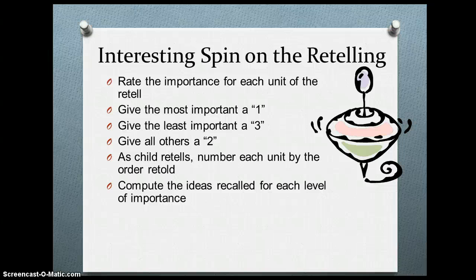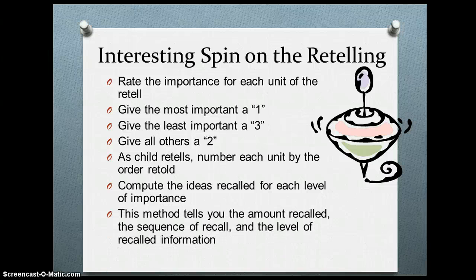So you can calculate the percentage of the most important ideas recalled versus the percentage of the least important recalled to see if they're attending to more main ideas versus details. So this method actually tells you the amount recalled, the sequence of the recall, and the level of recalled information. So this is a very high level of analysis that would be awesome for you to do on your reflection of your QRI.